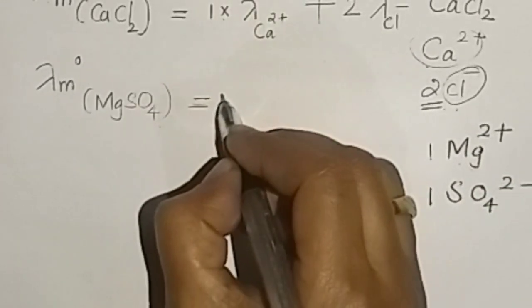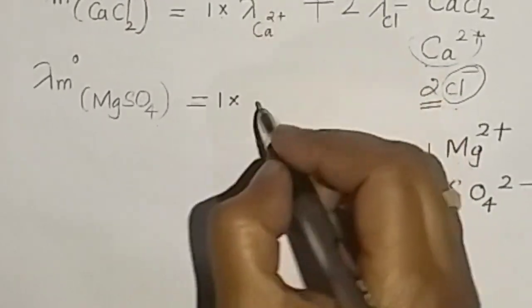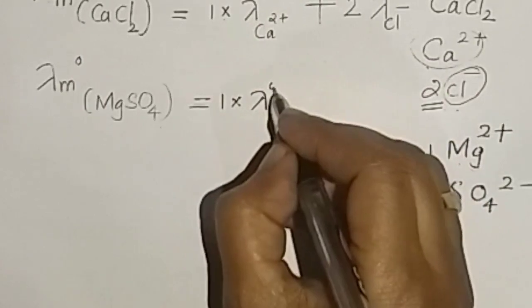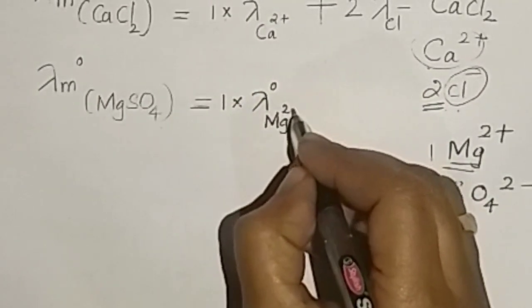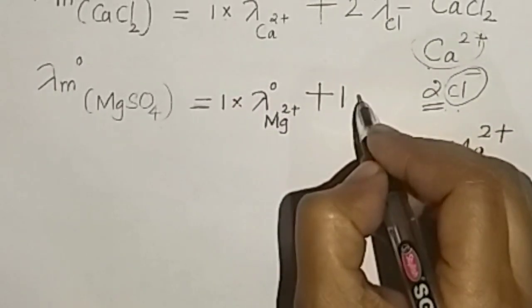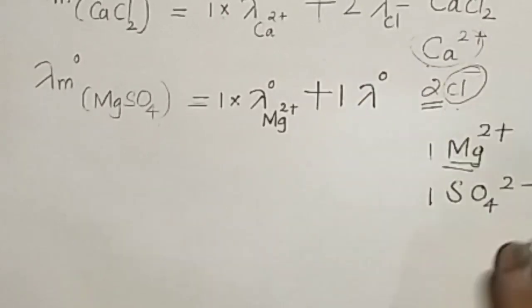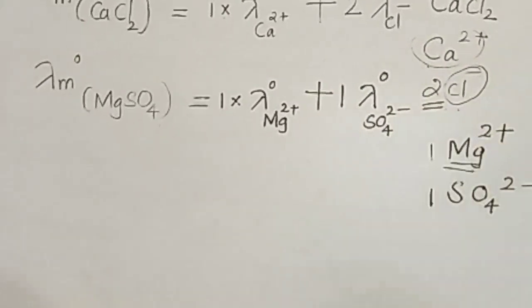So we can write 1 into nu positive, the number of cations, which is 1, into lambda 0 of the cation, Mg2+, plus the number of anions, 1, into lambda 0 of the anion, sulfate ion SO4 2-.